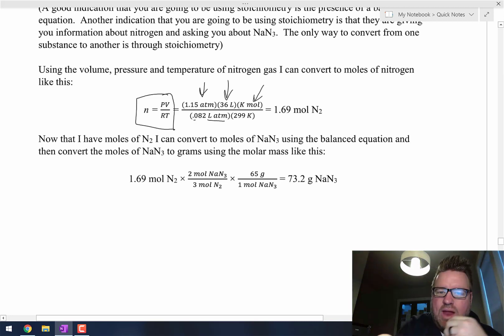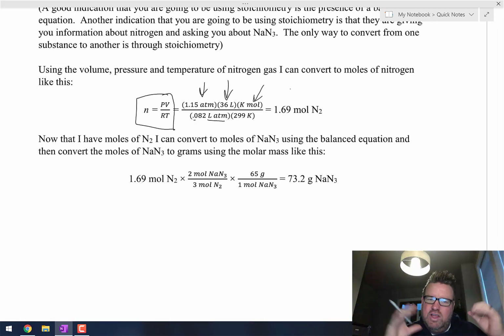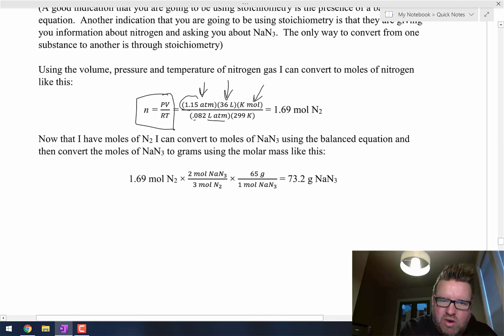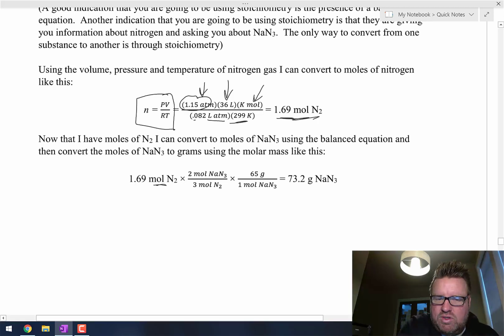That means that in order to fill up that airbag completely at a pressure a little bit higher than normal atmospheric pressure, at normal temperature, you need about 1.69 moles of nitrogen. So to produce 1.69 moles of nitrogen, we have to figure out how much NaN3 we need to start with. So we take our 1.69 moles of N2.